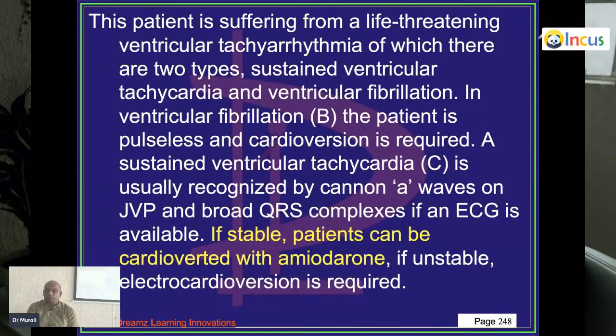Now, ventricular tachycardia can be sustained or non-sustained. Sustained ventricular tachycardia, typically, if the patient is stable, then you can cardiovert with amiodarone. But if he is unstable, then electric cardioversion. Unstable means hemodynamically unstable.